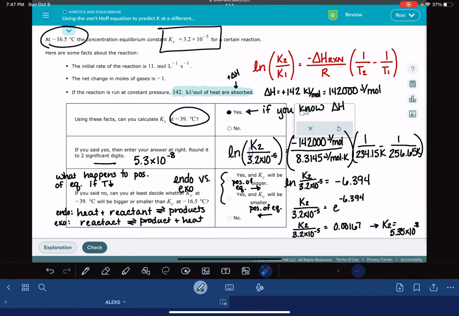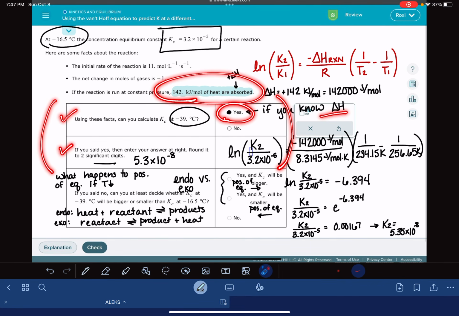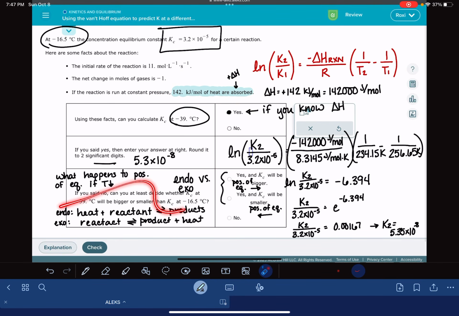Okay, so super good luck on this problem, because it is really, really tricky, but I know you can do it, and I'm hoping that all of the versions of the ALEKS problem that you get are ones where you can say yes to this question because you know the value of delta H, and then you can just calculate a number, and you don't have to think about this part at all.